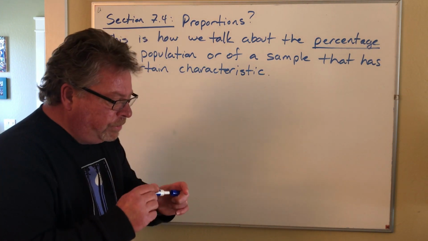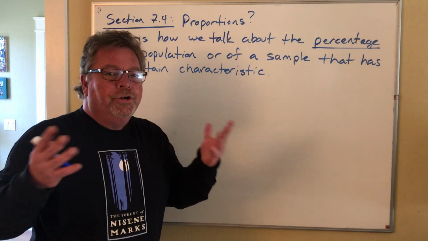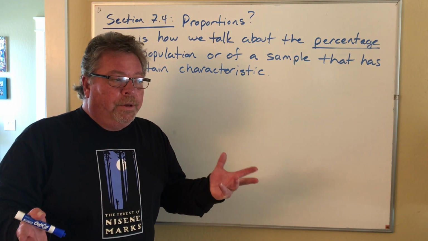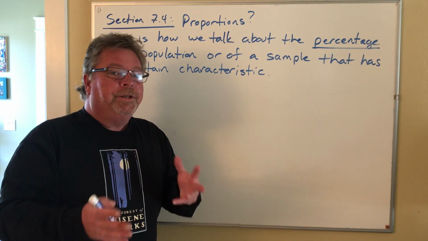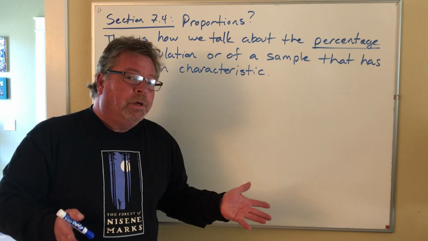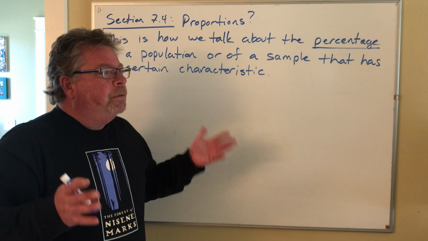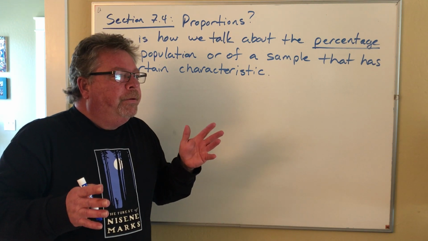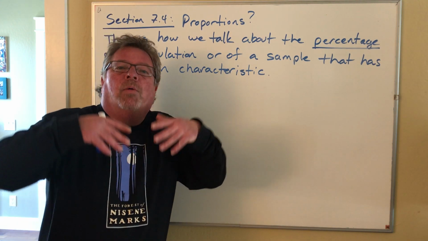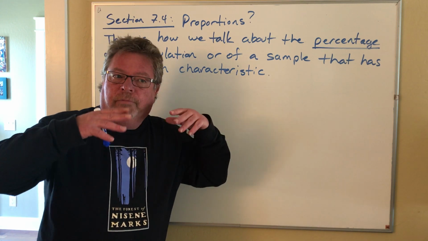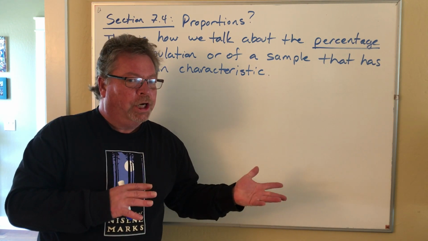So some simple examples of this. Suppose we look at new car buyers and we ask, okay, well, what percentage or proportion of new car buyers finance their new car? Suppose that we ask the question about, well, what percentage of college students have a part-time job?